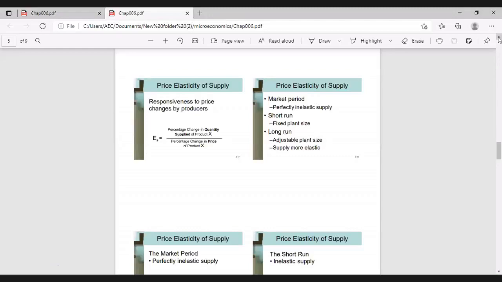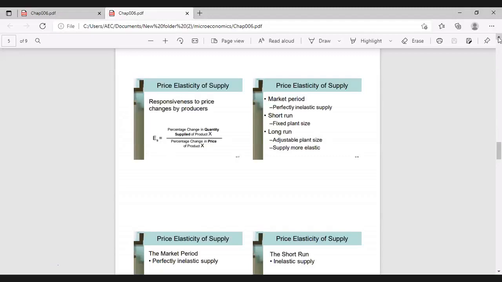So price elasticity of supply measures suppliers' and sellers' responsiveness to a price change of the product. So like demand elasticity, the price elasticity of supply measures the producer's responsiveness to a price change.